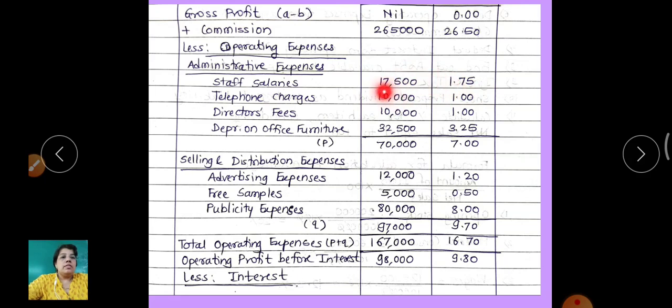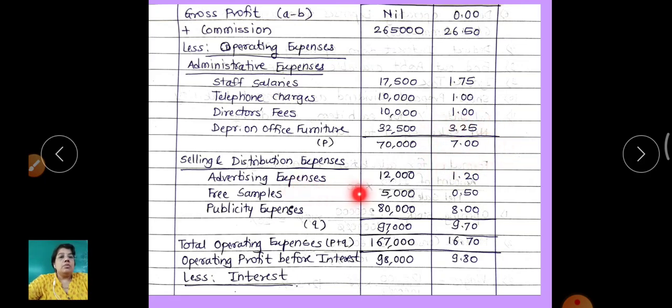How are we going to calculate? 17,500 divided by net sales into 100, which arrives at 1.75, or we can simply divide every amount by 10,000. Here depreciation 32,500 divided by 10,000, so 3.25. The total of administrative expenses is 7%. So aggregate administrative expenses are 7% of the net sales.